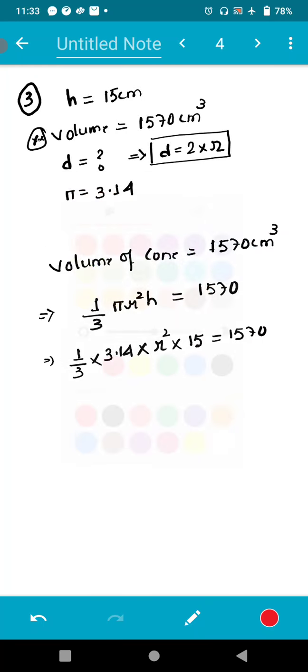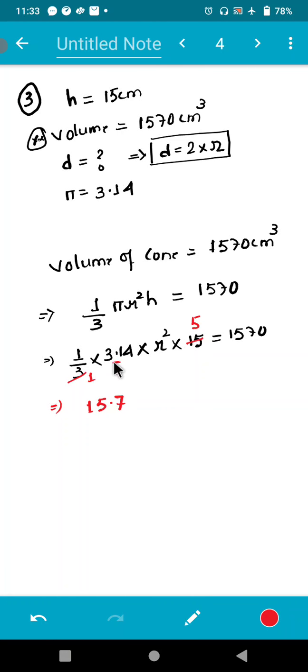Now let's reduce this 15 and 3. So 3 ones are 3, 3 fives are 15. So what would be the number if I multiply 3.14 into 5? The answer would be, I guess, 15.7. So it would be 15.7.